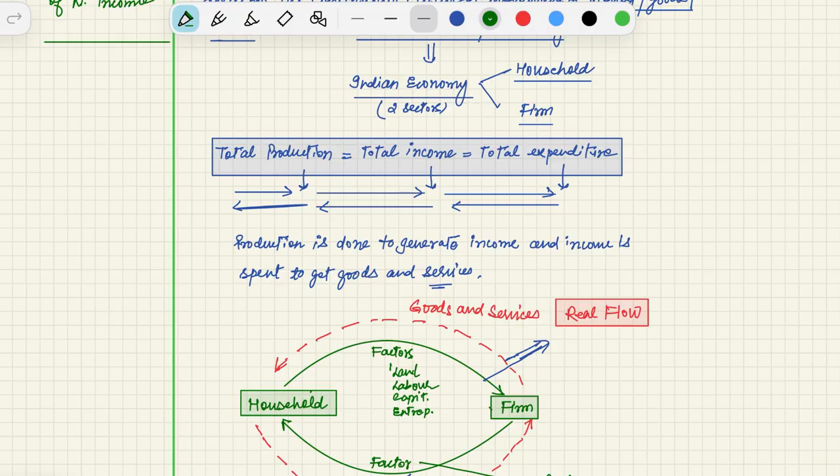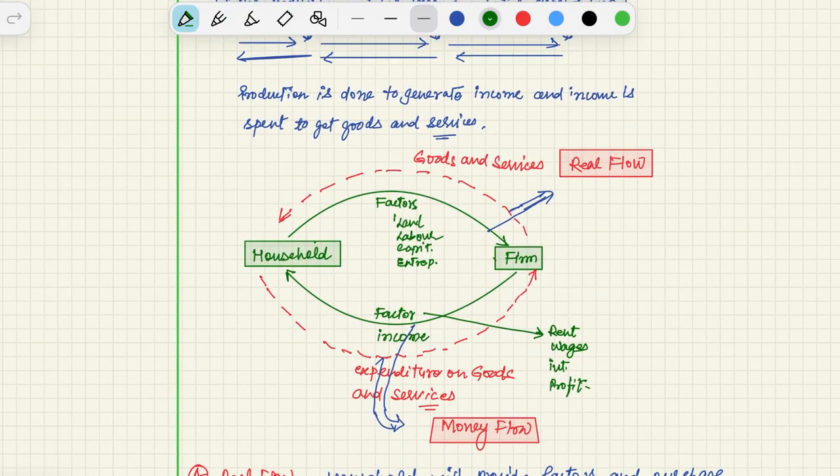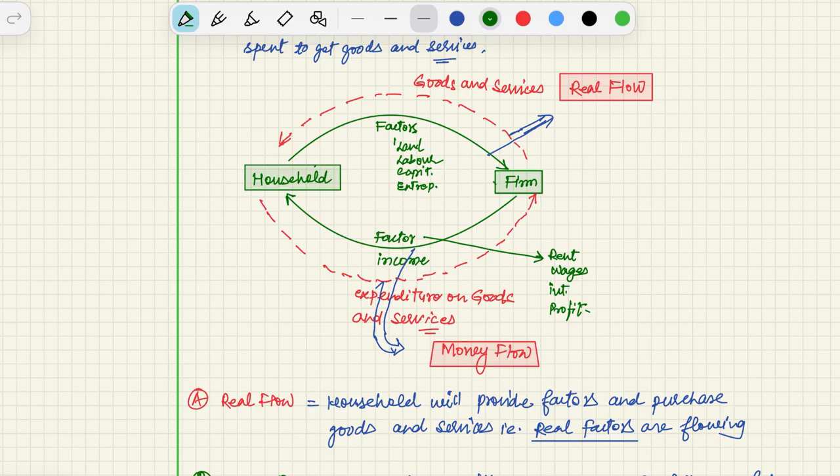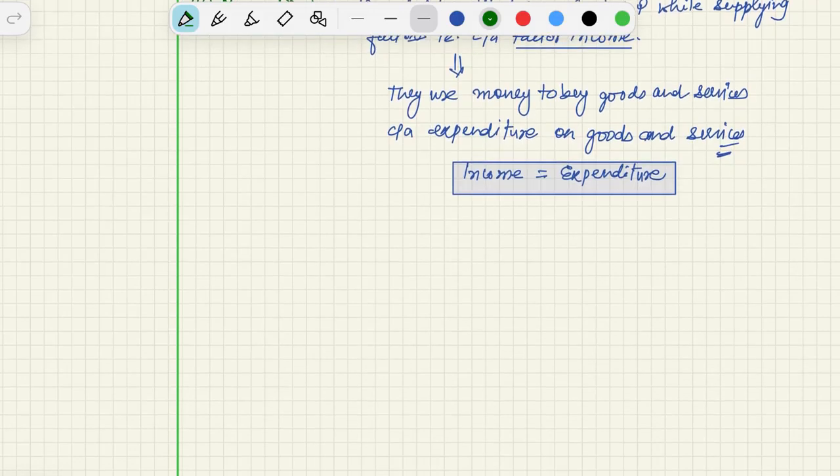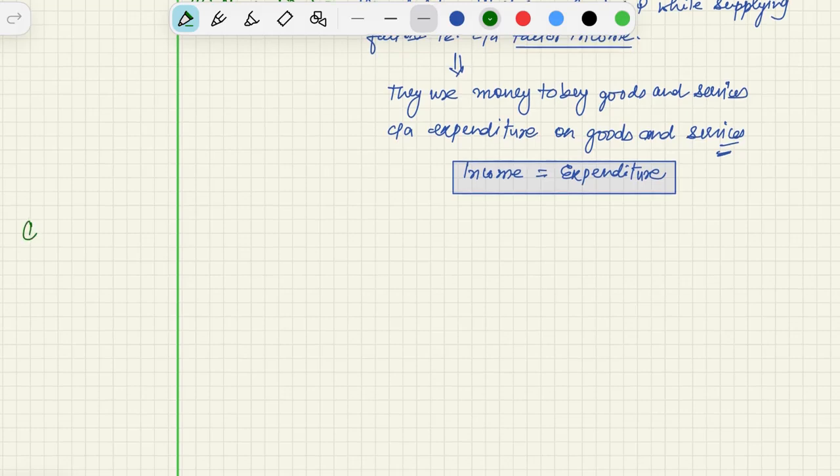So there is a circular flow and circular relation between the household and firms. Accordingly, the first method is called the income method.